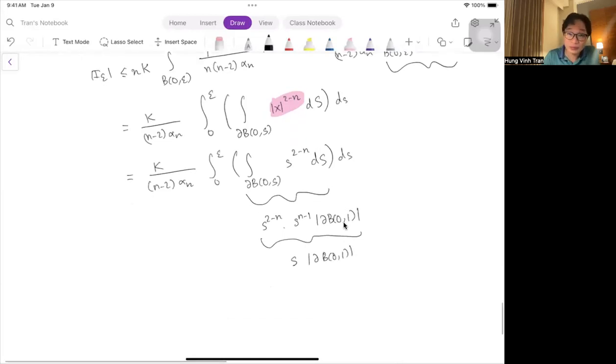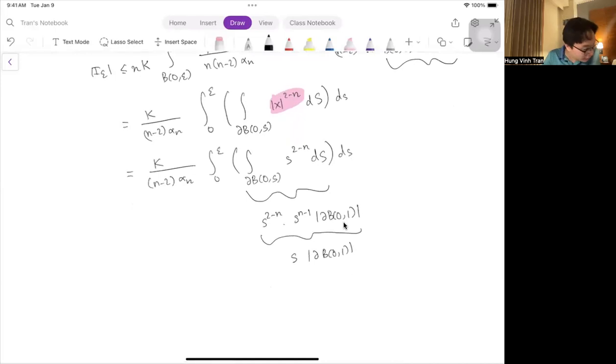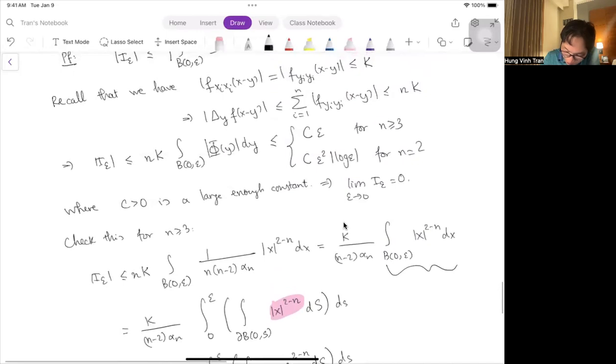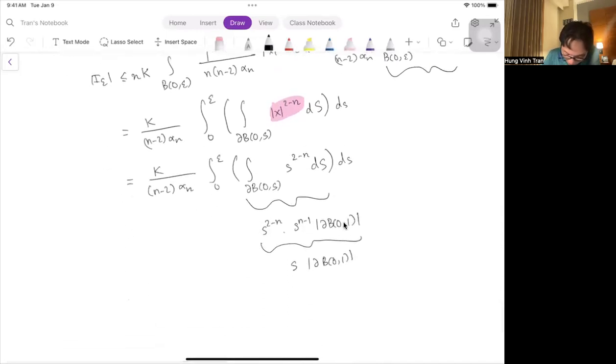Very conveniently and beautifully. I think I made a typo here, this is epsilon squared. So at the end of the day, we get k times the surface area of the unit sphere over n minus 2 times alpha n, integral from 0 to epsilon of s ds, and this is exactly epsilon squared over 2.